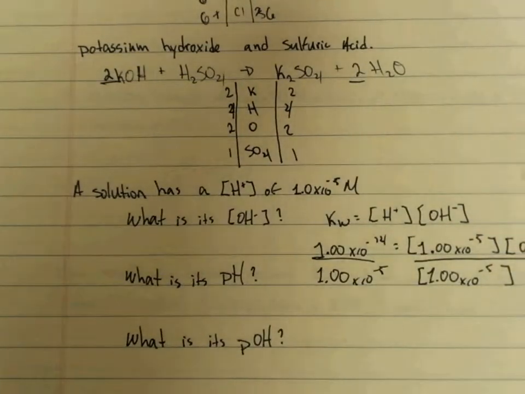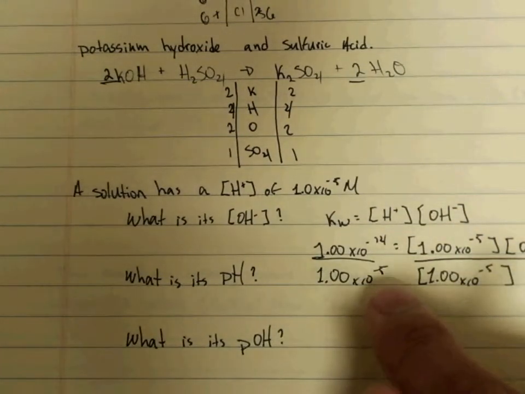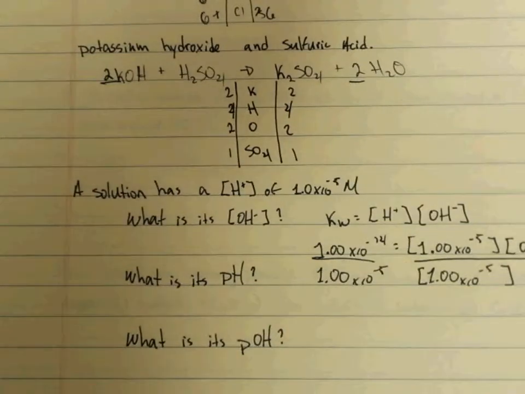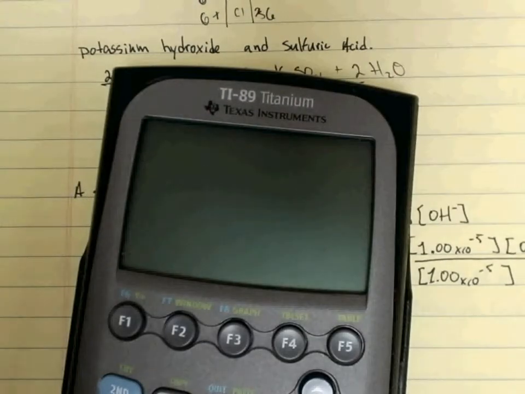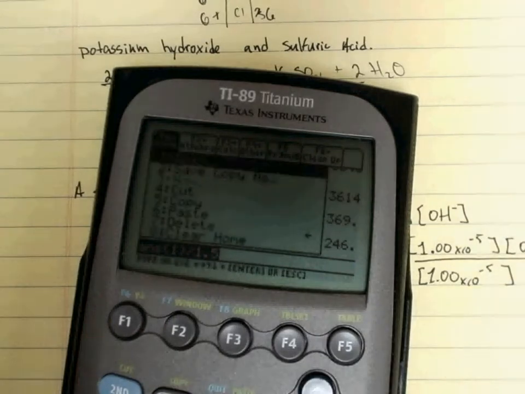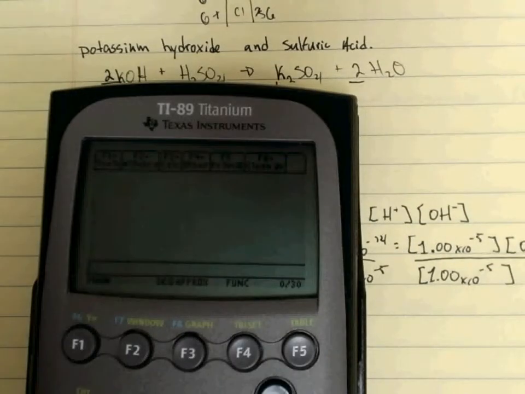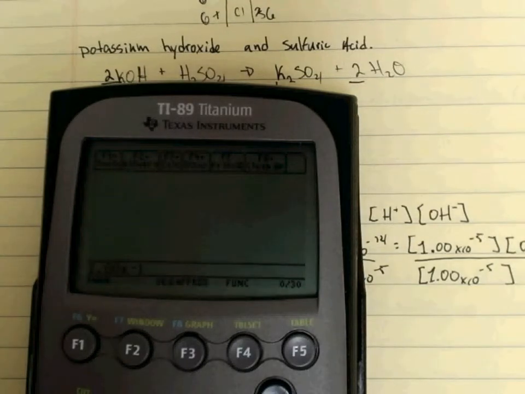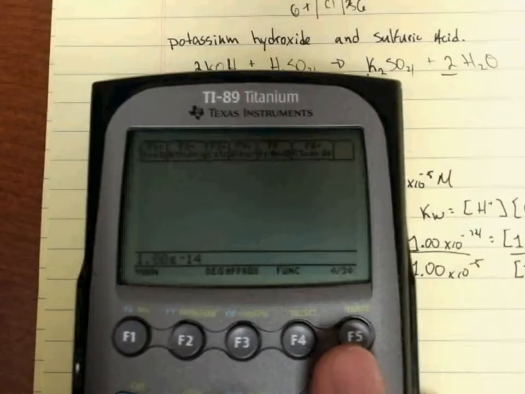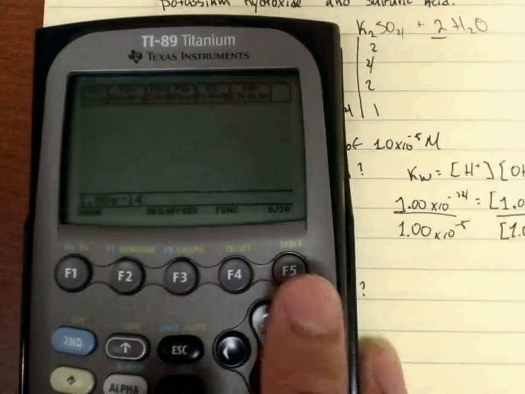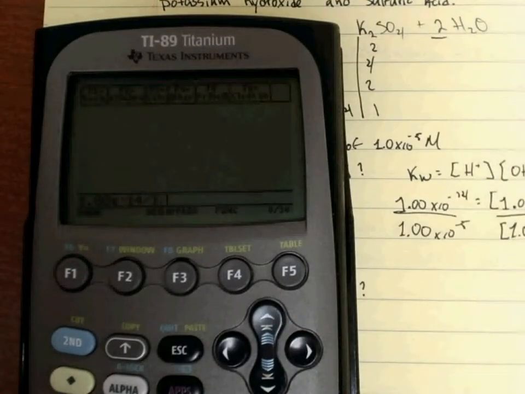So two things, I can do it in the calculator, which is a fine thing to do. Clear that. So I have 1.00 times 10 to the negative 14, right? And I'm going to divide this by 1.00 times 10 to the negative 5.